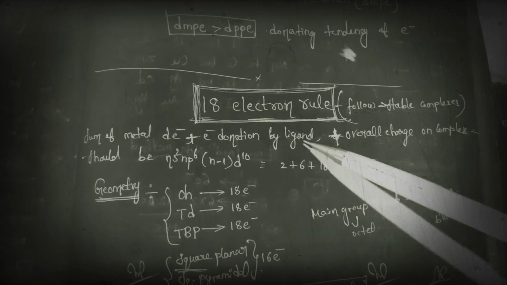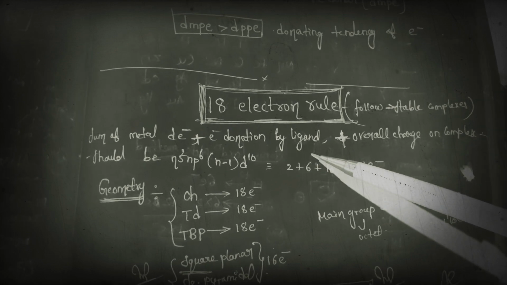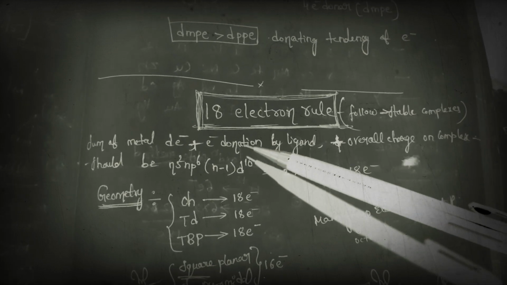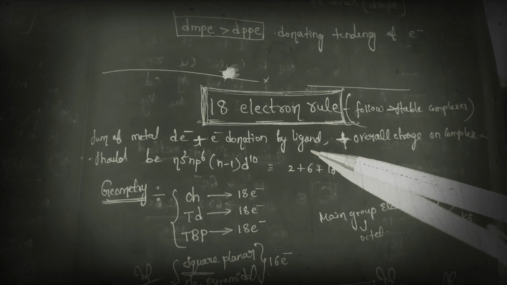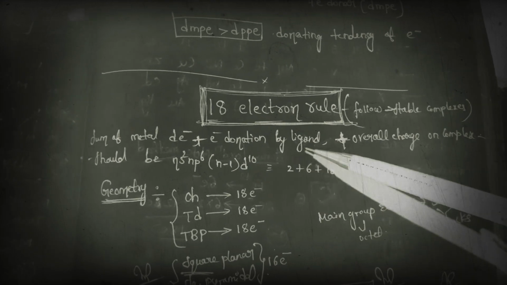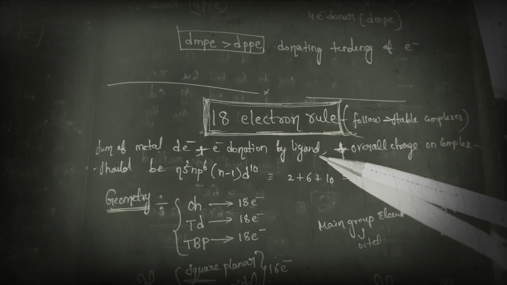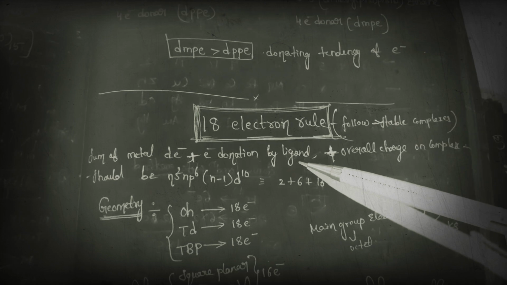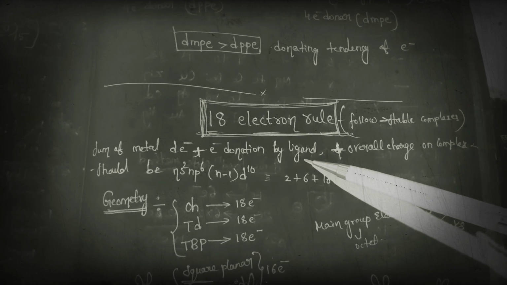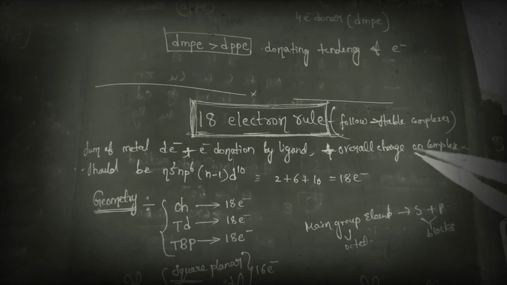Next, we know that ligands have donating tendency, so here we have to count the number of electrons which the ligand is donating. For example, the donating tendency of carbonyl is 2 electrons. Next, overall charge on the complex.